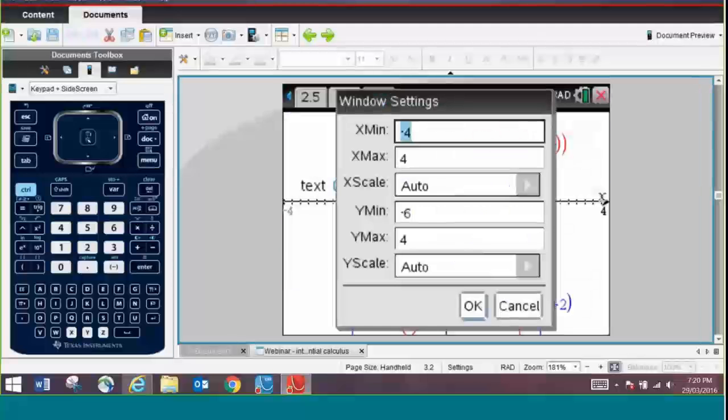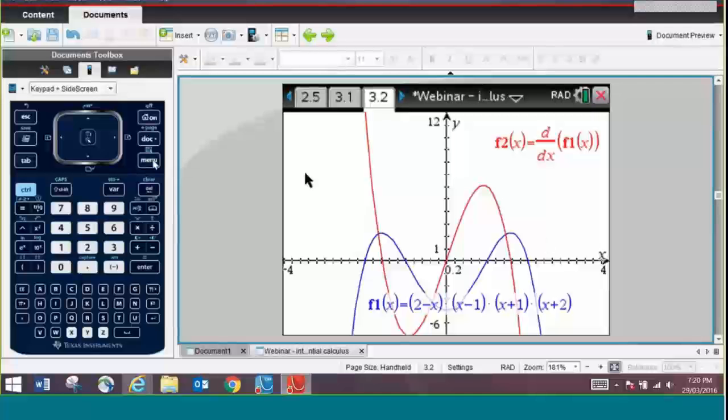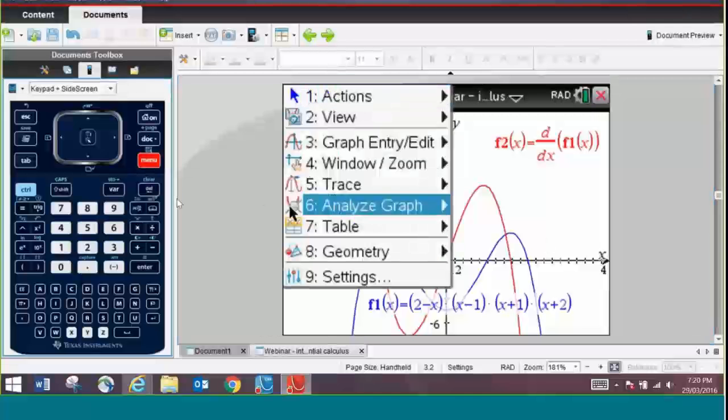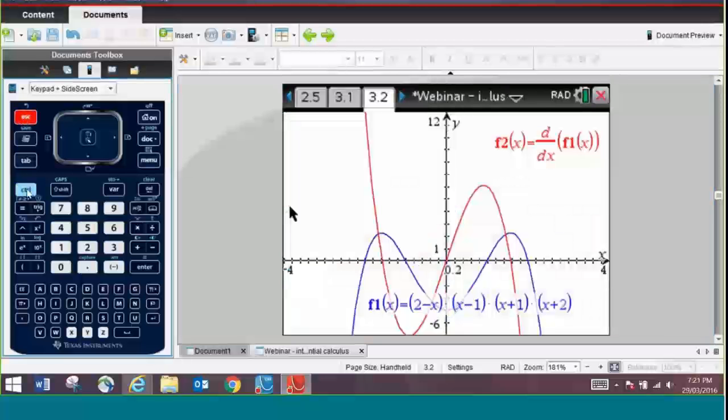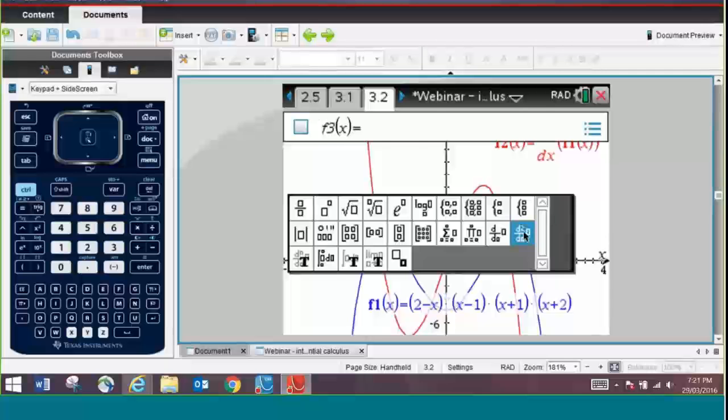I will just zoom so we can see a bit more of it. And once we've got that, I can also do another graph entry, and this time I can put in the second derivative, which is next to it there.